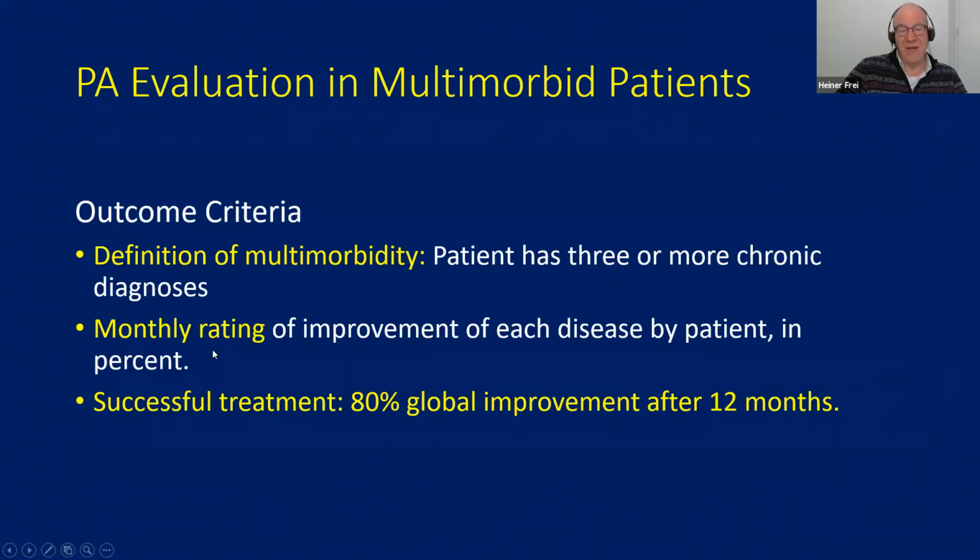And in this study, we looked at the improvement in 50 patients who were checked every month, and they had to make a rating of the improvement of each disease in percent every month. And they also had to make a global rating of improvement of all their diseases every month. We defined successful treatment in this study as 80% global improvement after 12 months.